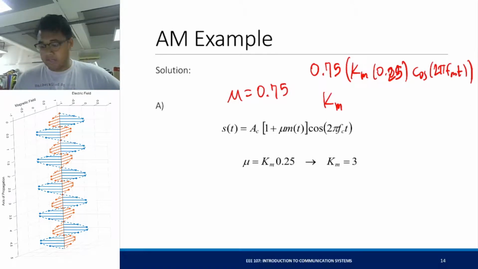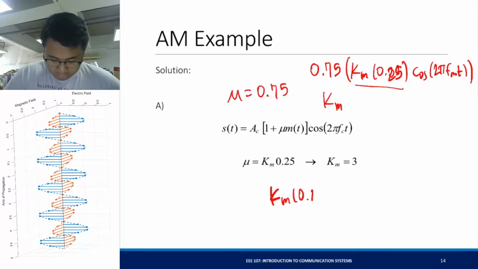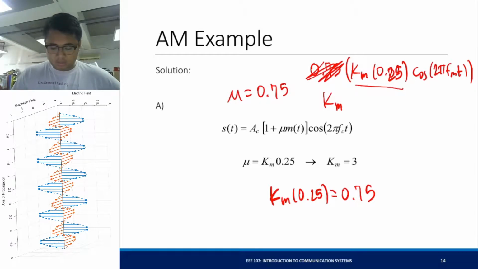And then this Km times 0.25 should be equal to 0.75. Okay? So that would mean that Km is equal to 3.